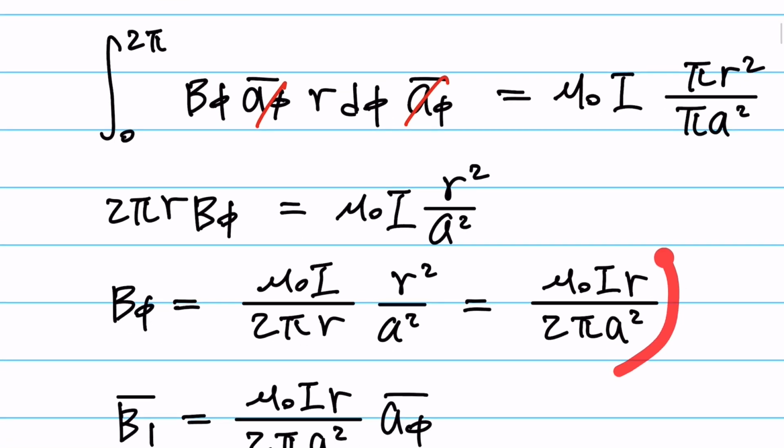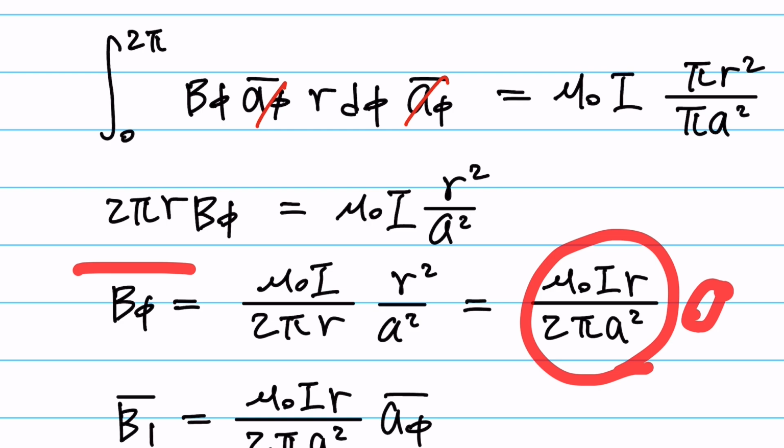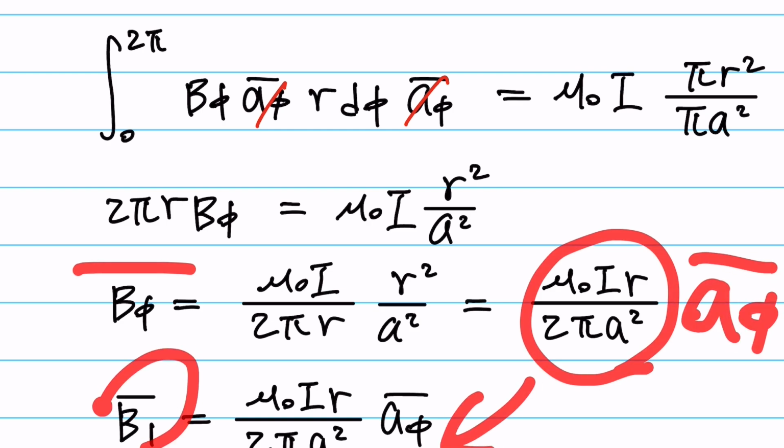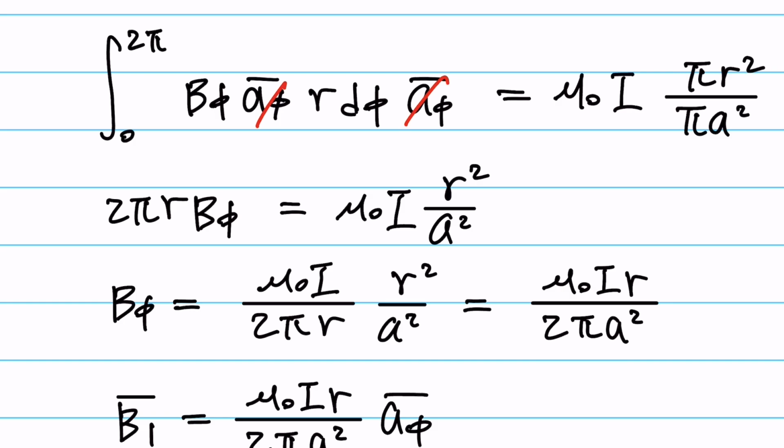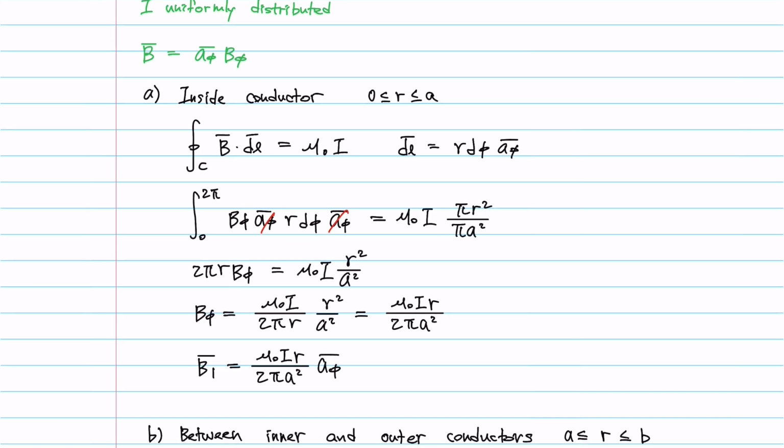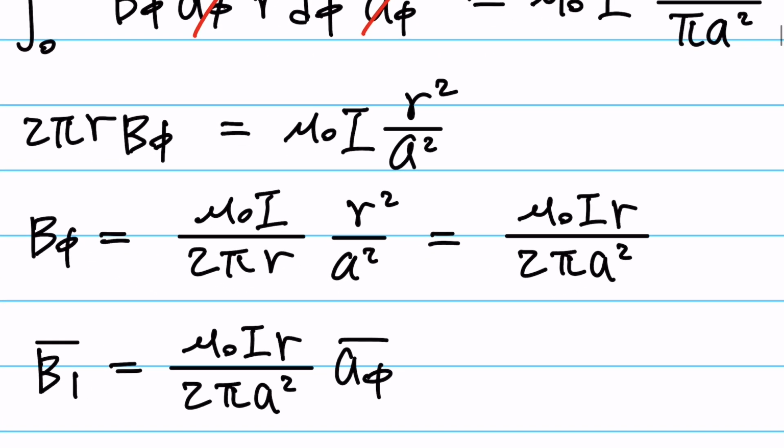And so this is a scalar, because there isn't any hat or any vector applied to it. You need to multiply the a phi unit vector to get the B hat. So that's the magnetic flux density inside the conductor, and you can see that it'll vary depending on where you are measuring the B field.